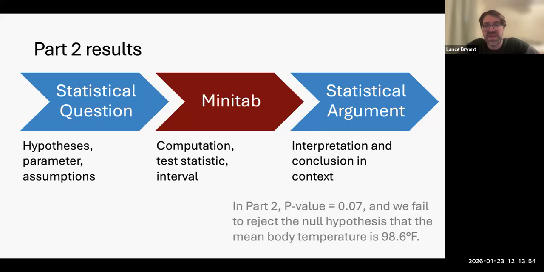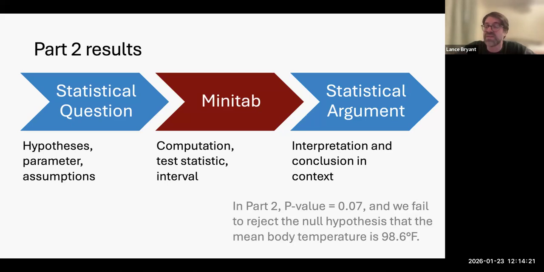Okay, so then we get to part two, and here's where I thought the data actually turned out pretty nice because it gave us something interesting to think about. At the end of part two, remember, we adjusted the 98.6 back, so we subtracted off the 0.75 and then used our data from 15 students, and we actually got a p-value of 0.075, right?